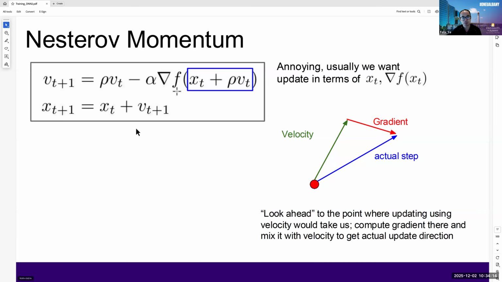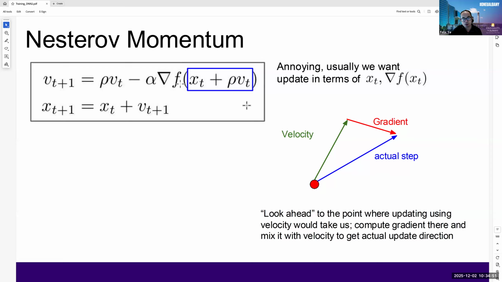I want to remind you that previously we have xt here, but you can say, okay, I'm going to use xt plus rho vt, which is the predicted future point, as a better approximation for my gradient. Because if we take xt plus rho vt, we are taking the future point. We hope the future point has better information than the current point. So that's why this is called Nesterov momentum.